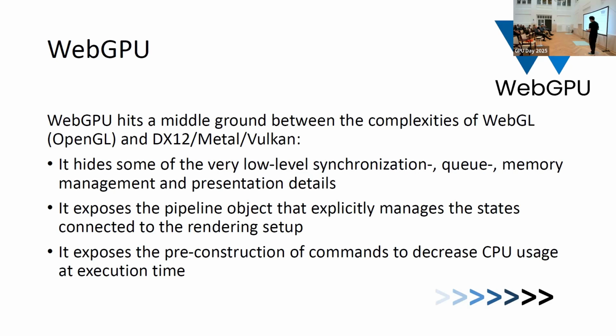And WebGPU is not exposing everything. It would be a nightmare for various reasons. It hides many of the synchronization and queue management, memory management, and some presentation details, but it exposes the basic object, the pipeline object that is describing the state of the rendering pipeline, rendering setup, and exposes the construction of commands that is the main driver of overhead in the processing.